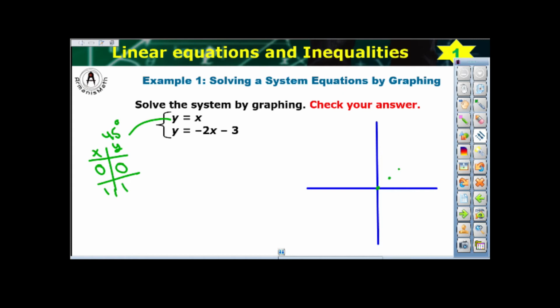And I'm probably going to choose this green color here. Remember, it goes all the way down in the other direction as well. So this is the first equation, y equals x. y equals x is a 45-degree angle line. This is 45 here, just in case you're interested in bringing some geometry into this.